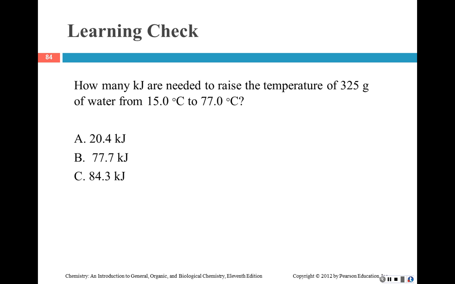It's 4.184, right? 4.184 joules over grams degrees C is the specific heat of water. 325 grams is the grams, and 77 minus 15 is the delta T. Use those numbers and see if you can calculate how many kilojoules it takes to raise the temperature of 325 grams of water from 15 degrees C to 77 degrees C. Try that and then come back.